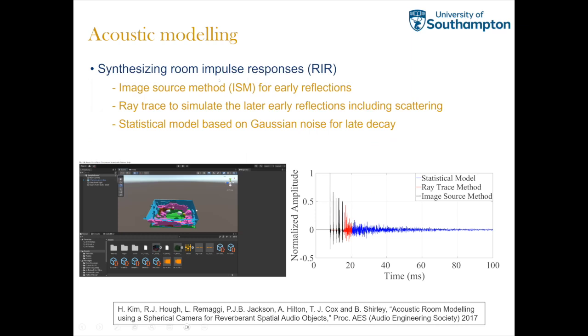This is how to synthesize room impulse response using a simulator from the reconstructed full 3D model, using virtual sound and a virtual microphone. Maybe I can skip some details. But anyway, the point is that now we can synthesize plausible room impulse responses of the space from only one photo.